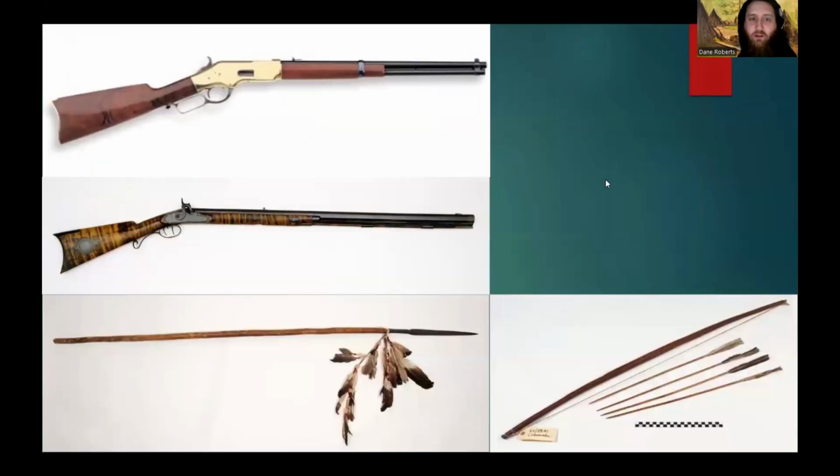And of course, after contact with Europeans in the United States, the Native American peoples of California began to use firearms such as muskets, whether percussion rifles like this you see here, or flintlocks, and then eventually repeating rifles such as the Winchester rifle.